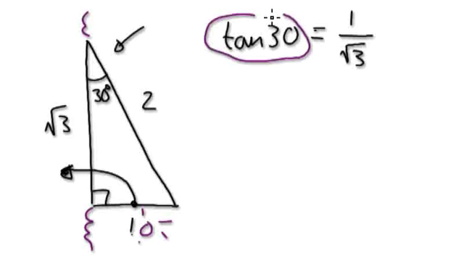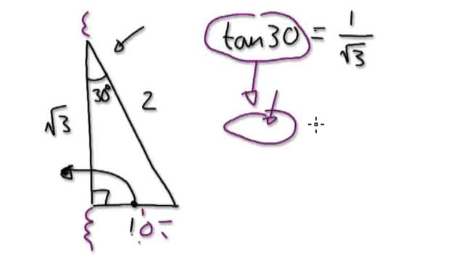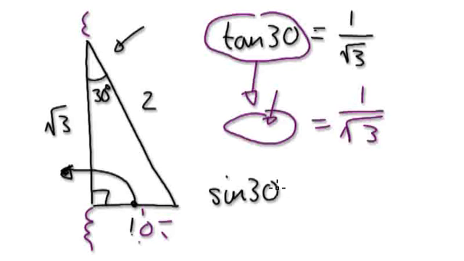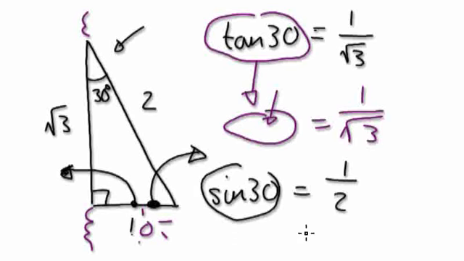If you don't believe me, punch this into your calculator, you will get a number, and this number will be the same as 1 divided by root 3. If you look at sine 30, it would be 1 over 2, so sine 30 is actually 0.5. And what was the last one?